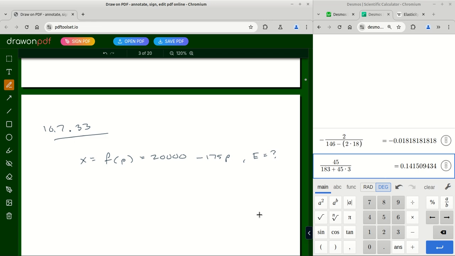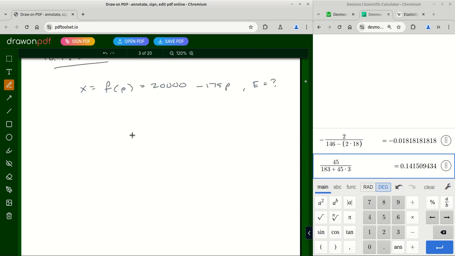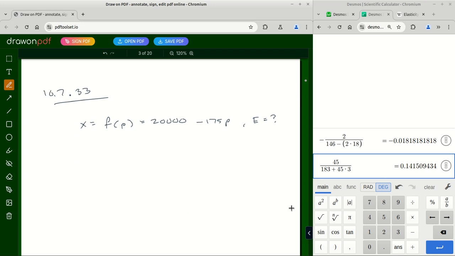I don't think they care about that elasticity stuff yet. Sometimes they ask for it, but there's nothing here. So, okay. The formula, again, is E is equal to negative P times F prime over F. Again, it's that same rate of change, multiplying it by P, that's all it is. It's not a big deal.